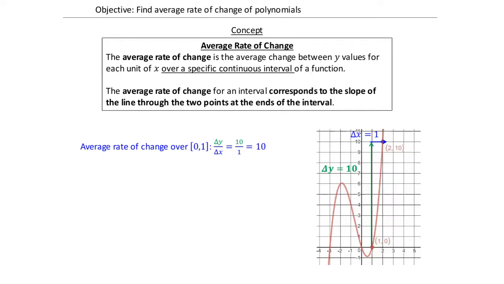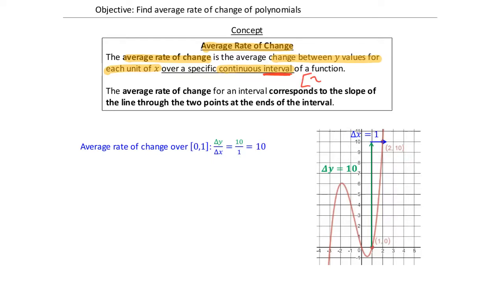So for concept, we have this on your notes. The average rate of change is the average change between the y values for each unit of x over a specific continuous interval. So if you remember, anytime you see this word right here, interval, that means you have both x's.